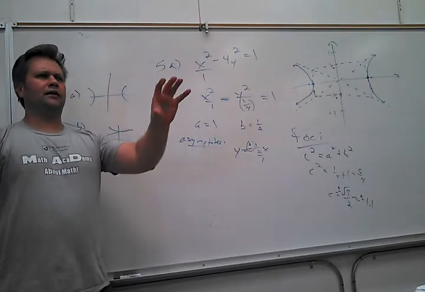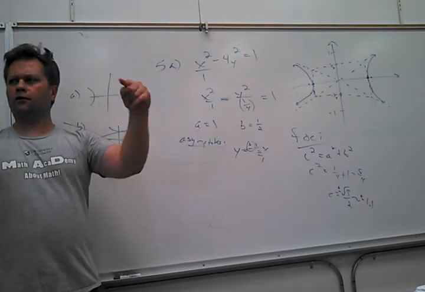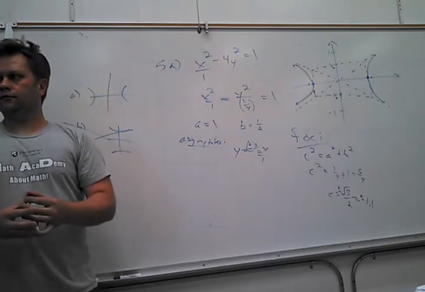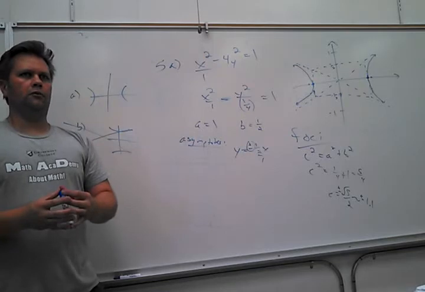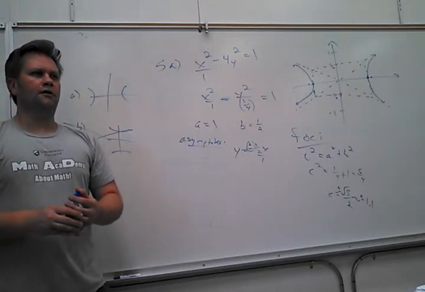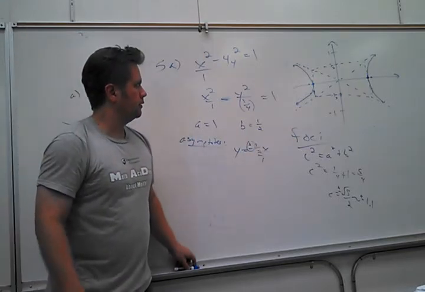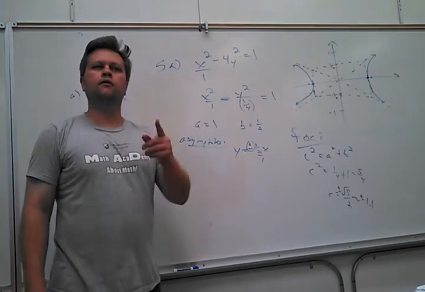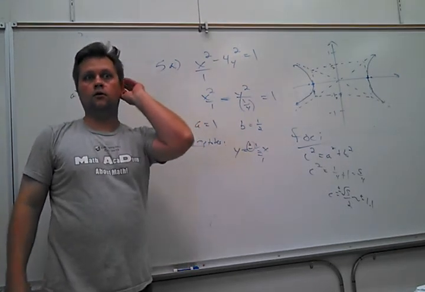So if I ask you to indicate the foci on your graph, make little open circles because they are not points on your graph. Minor point, but still. Can we make X's? For foci? Can we make X's?